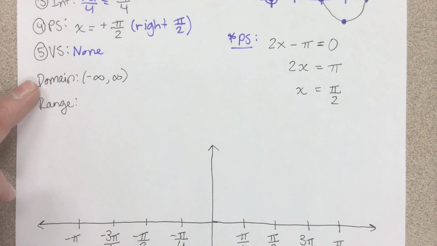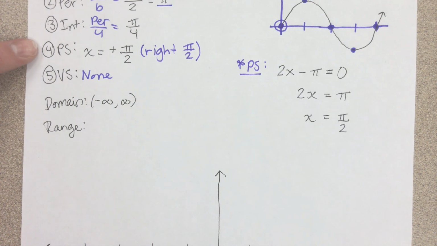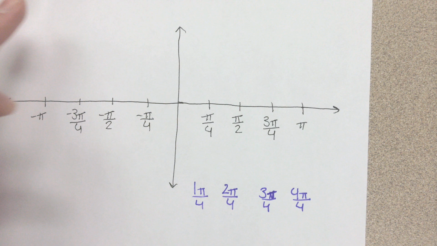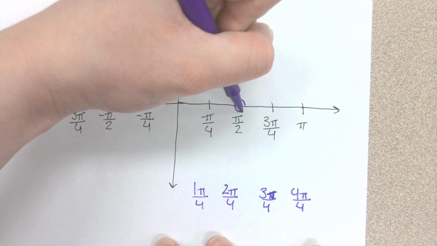From here, we need to figure out where we're starting based on our shifts. No vertical shift, but we do have a phase shift. So I'm going to draw a vertical line through pi over 2. So this time we're actually shifting 2 intervals to the right.